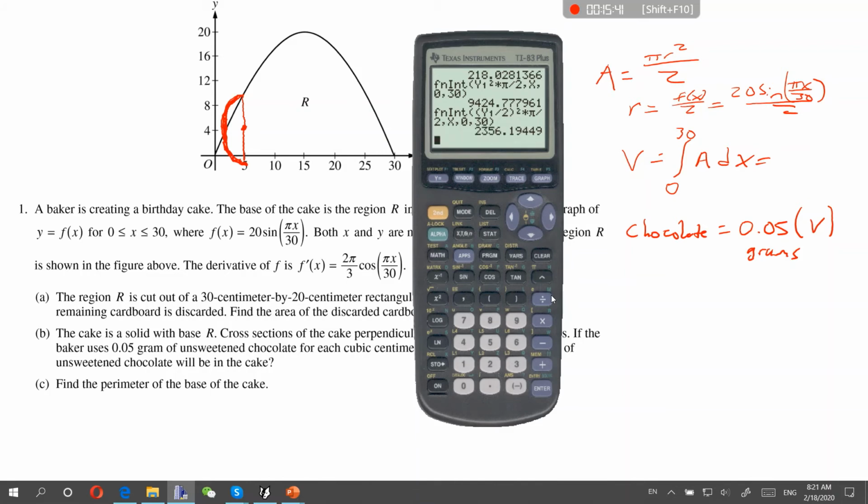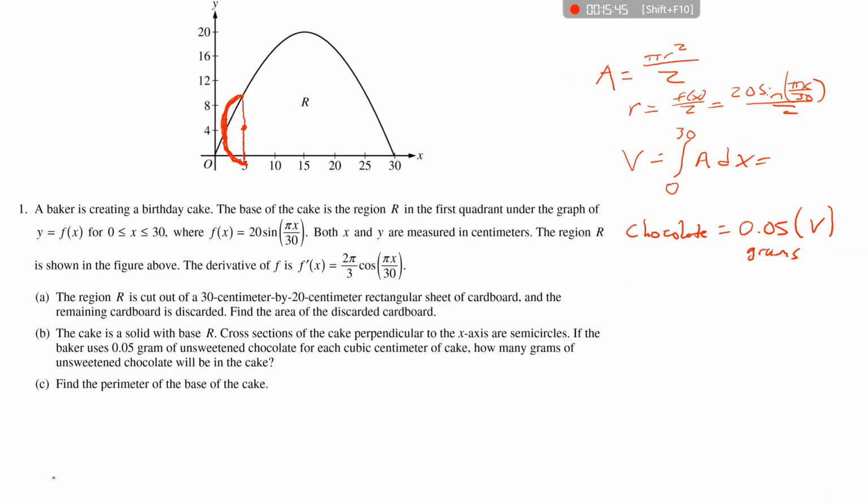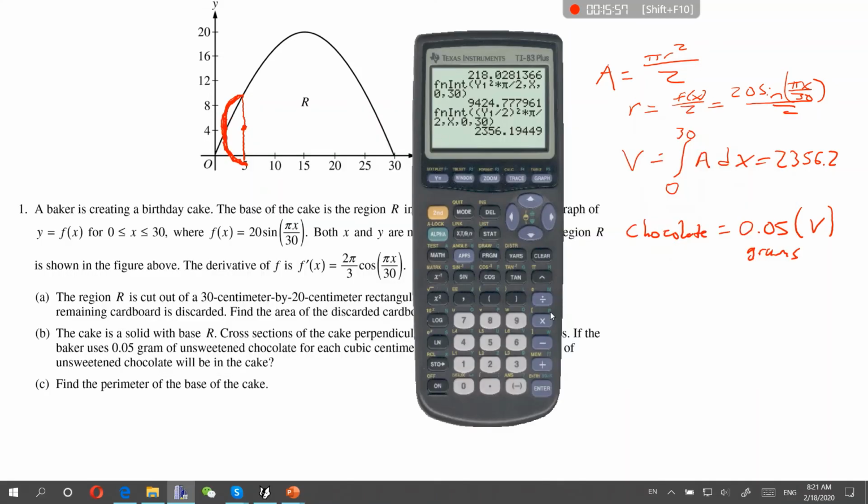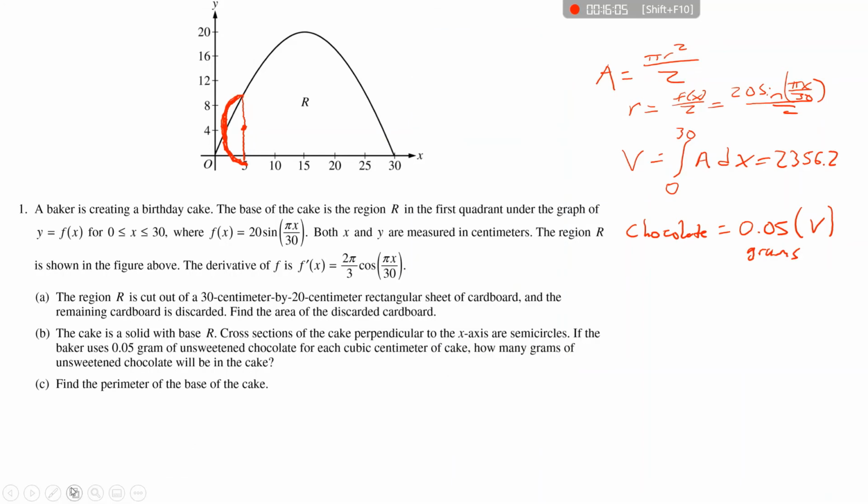Okay, 2356.2. That's our volume. Okay, and then multiply that by 0.05 to get my grams. So I've got 117.81 grams.